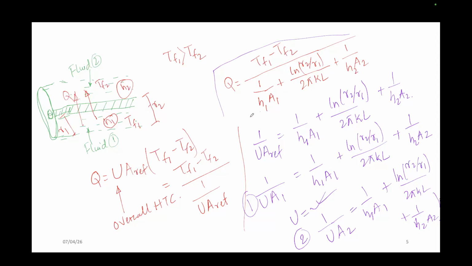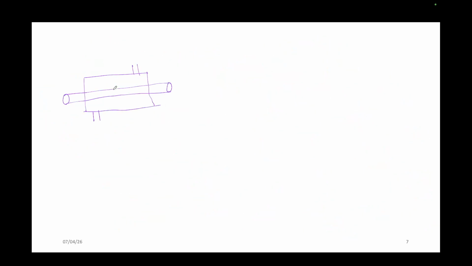Can I write this equation in the case of a heat exchanger? Here there is TF1, TF2, right? What I consider TF1 means throughout the domain this temperature is TF1, and this is TF2. It may change, but in a heat exchanger, what will be the TF1 and TF2? That is my question.